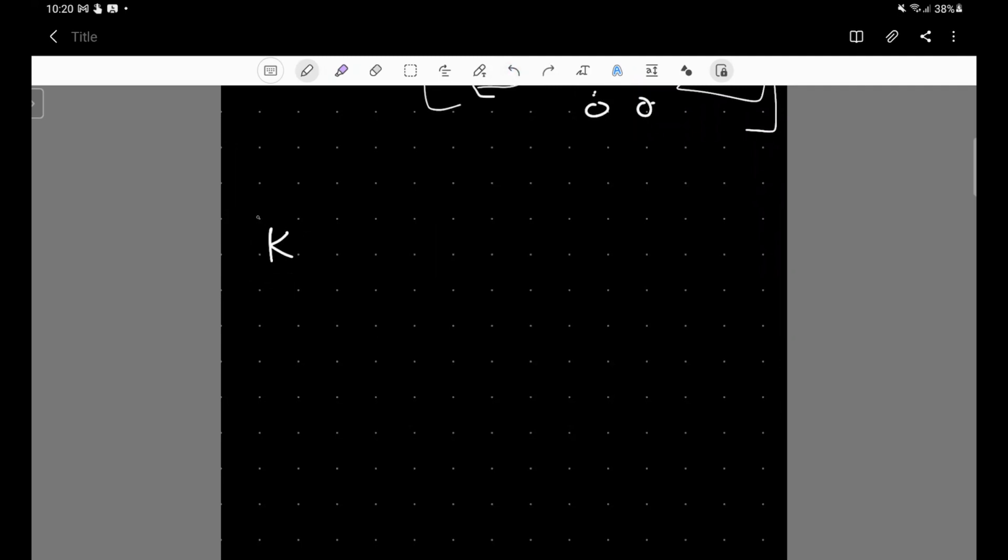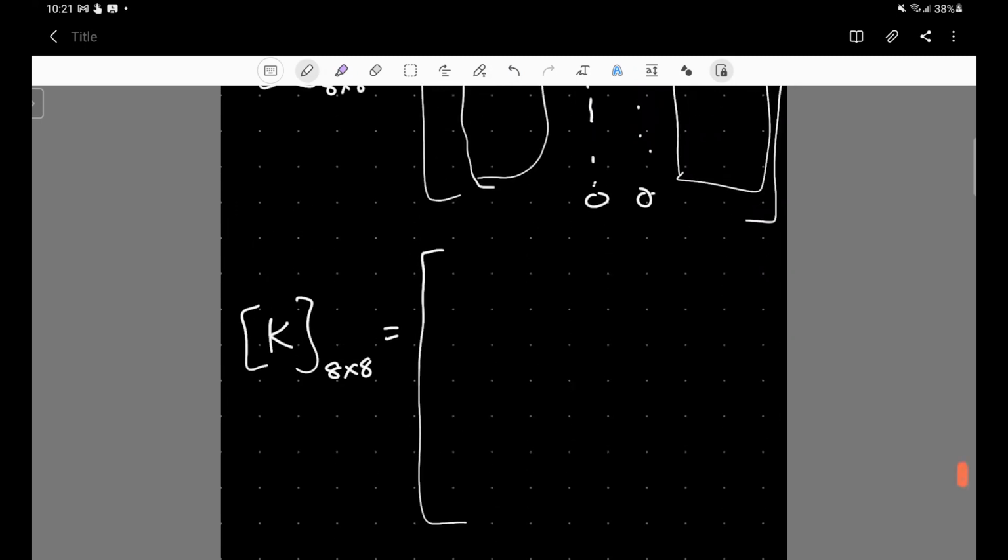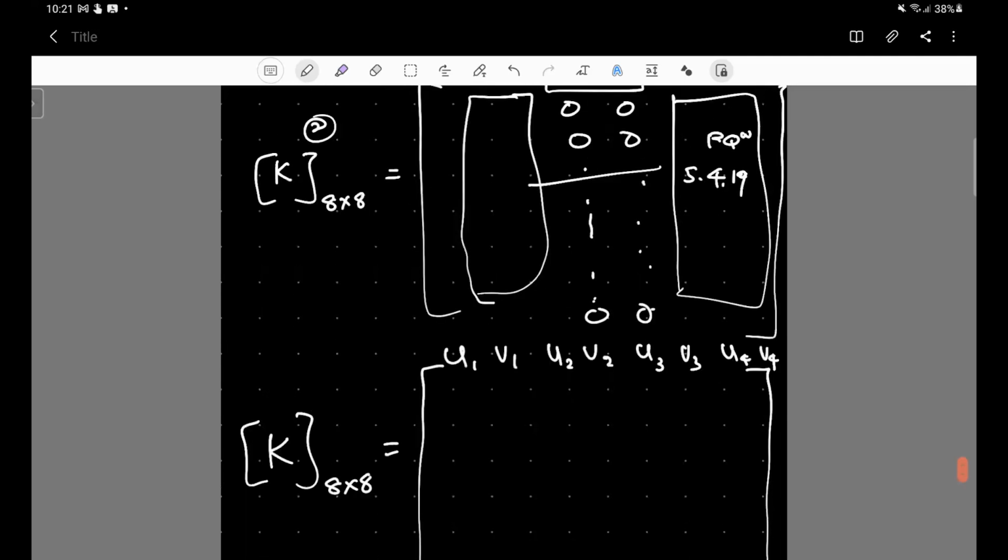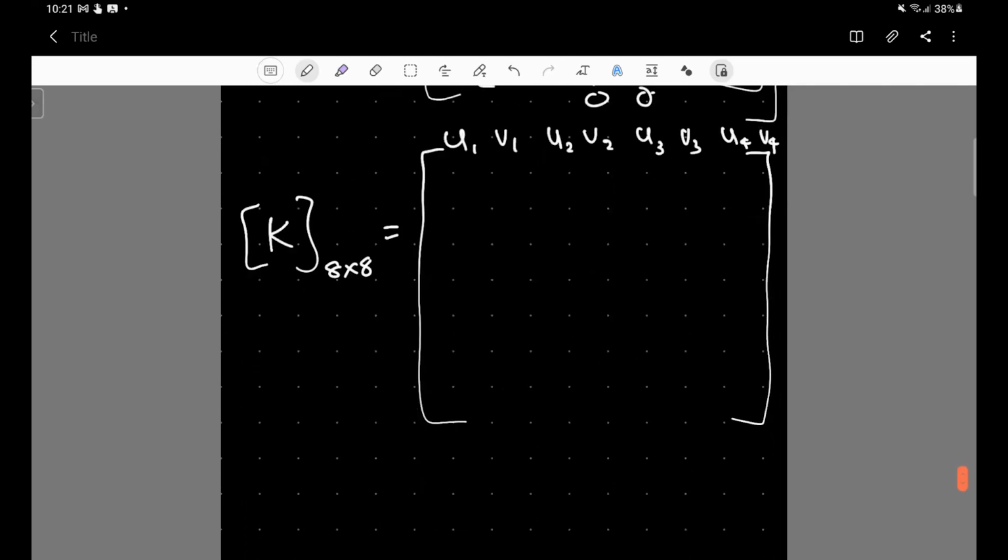Yeah, 8 by 8 matrix by simply adding the corresponding terms, which will include the 4 nodes U1 V1, U2 V2, U3 V3, and U4. And you need to add the corresponding terms.